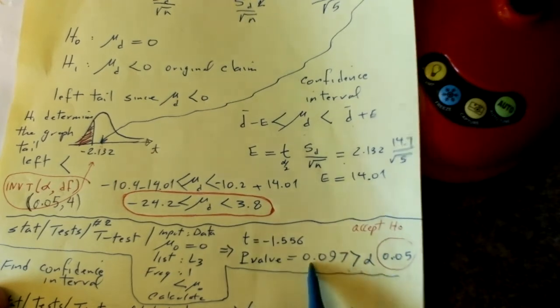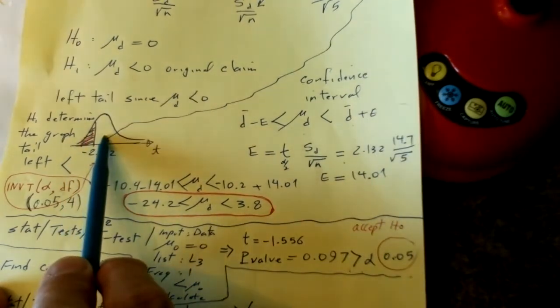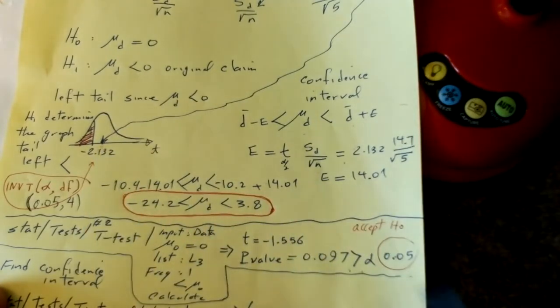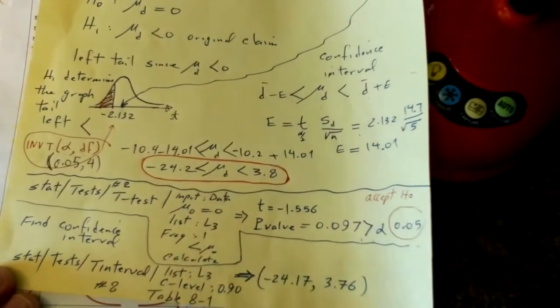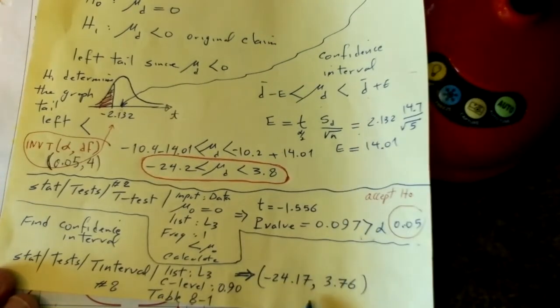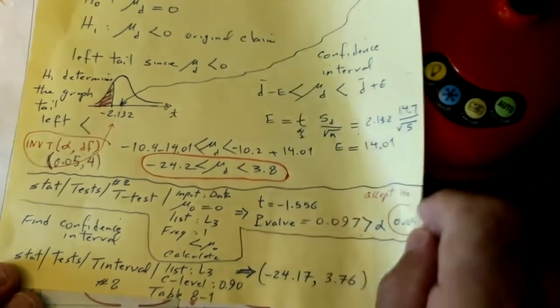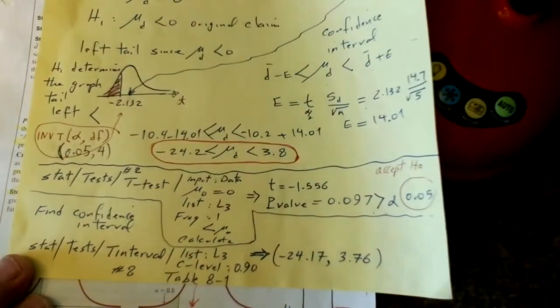Remember, the p-value method and the traditional method must always match. So if you accept H0 here, you should also see the p-value greater than alpha to accept. These two should always match, okay? And then this is how to use the calculator to find your interval here. How do I come up with this 0.9 for the confidence level when you enter it in the calculator?